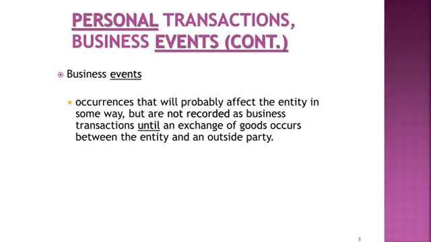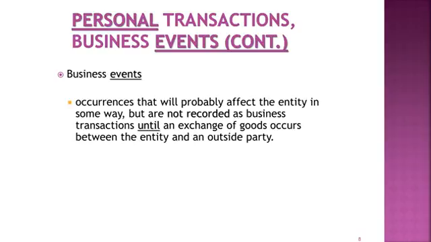To expand on this, an example would be where the business contracts with an employee. We might sign the contract or make the offer of employment to the prospective employee dated the 1st of February, but they don't start until the 1st of March. So it's not until they start on the 1st of March and start to earn their salary, and then when we pay their salary, that a transaction occurs.